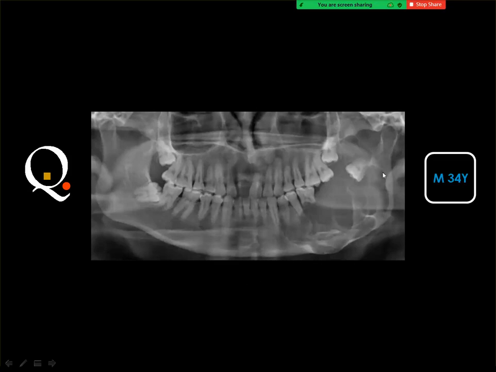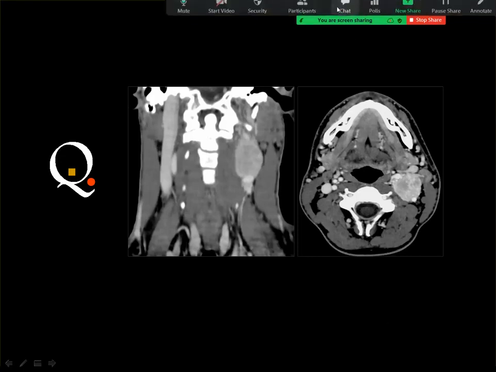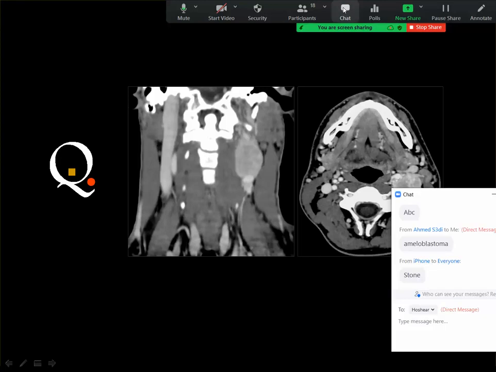Then a very common or well-known lesion in the mandible is ameloblastoma, and this lesion is classic for ameloblastoma. You can see the expansion, you can see the erosion of the related tooth root. Okay, and this is also a classic lesion.